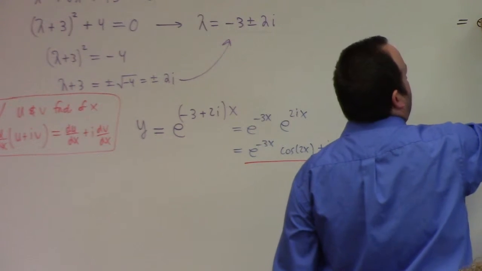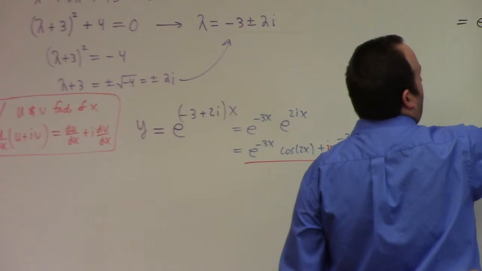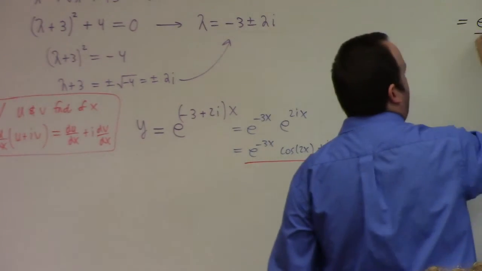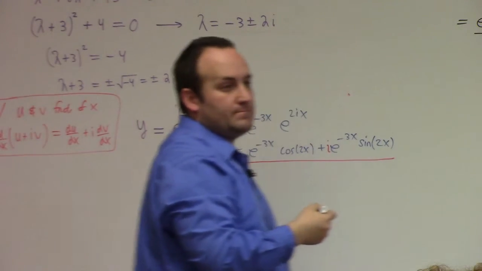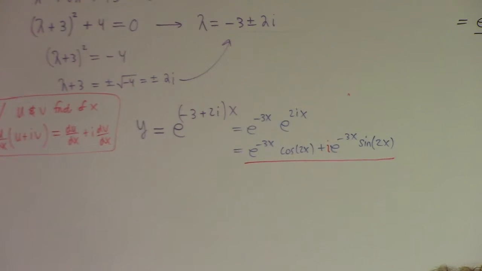So you say it's e to the x plus what? Bam. That's it. So in other words, you just differentiate the real part and differentiate the imaginary part separately, and that's it. As simple as that.